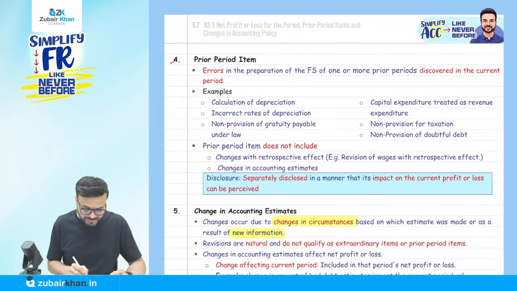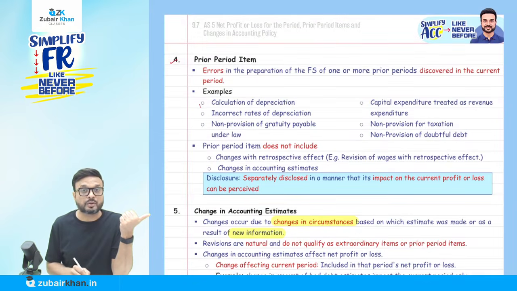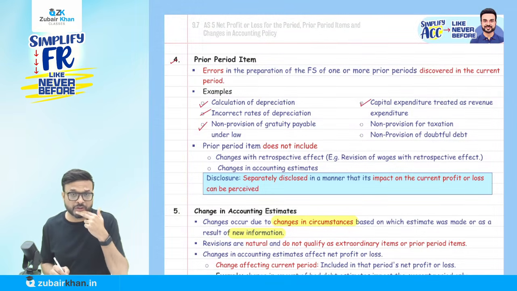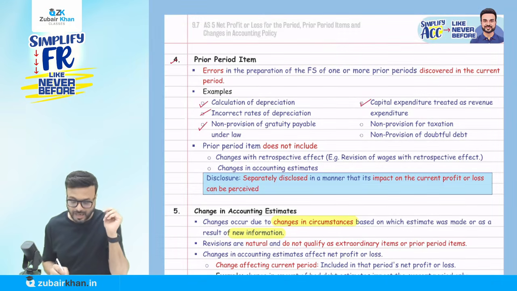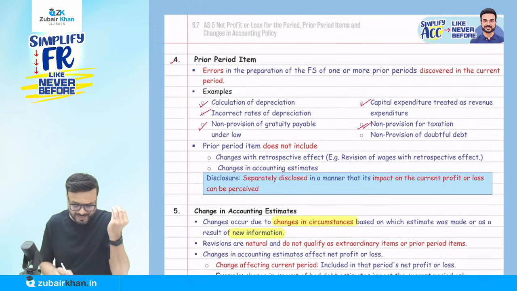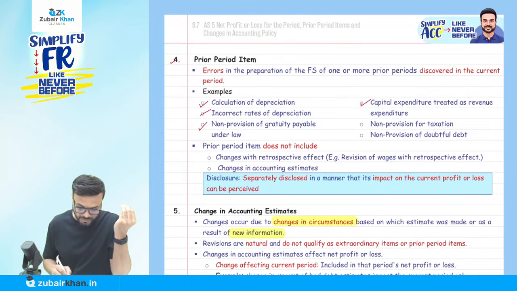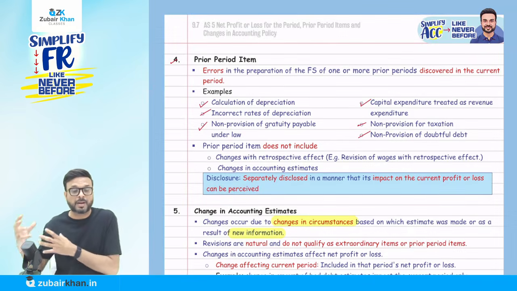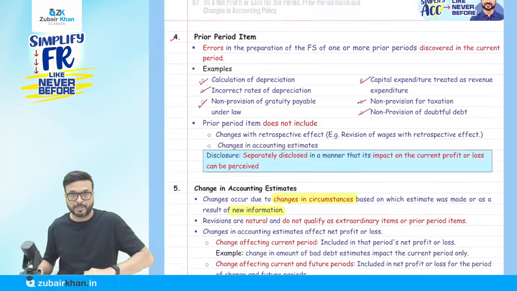For example, we have done a wrong calculation of depreciation, used an incorrect rate of depreciation, non-provision of gratuity payable under the law, capital expenditure treated as revenue expenditure or revenue expenditure treated as capital expenditure, non-provision for taxation, non-provision for doubtful debts. We have made certain errors in the past, and now we are rectifying them. We call them prior period items.